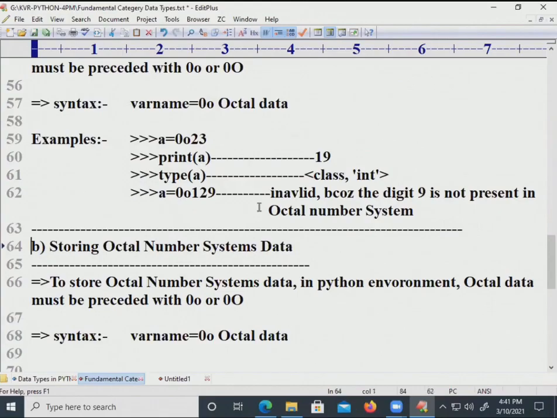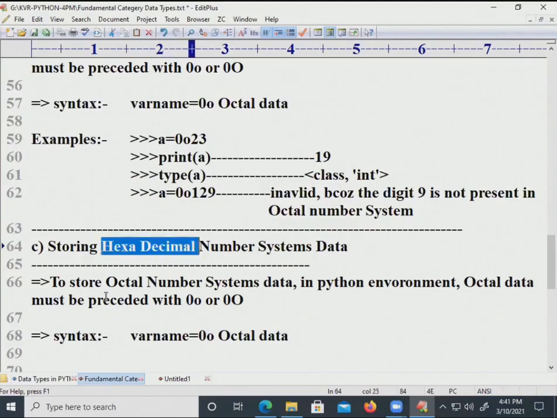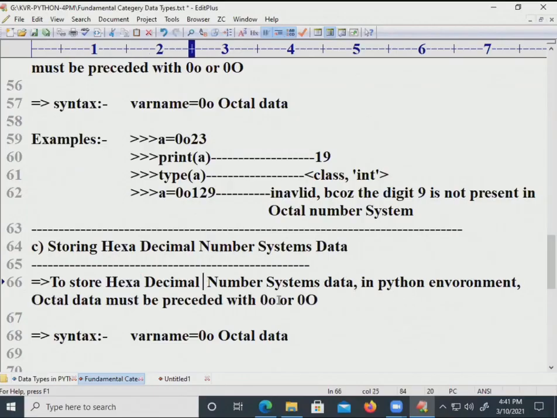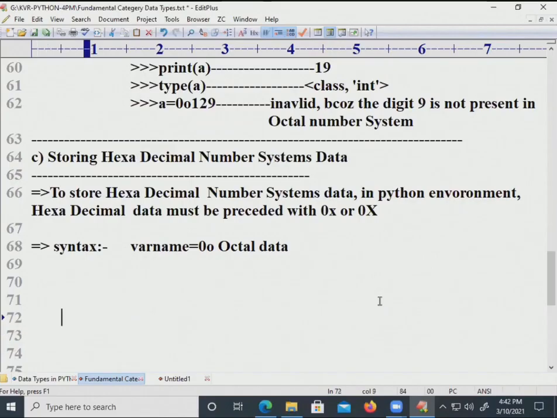Storing hexadecimal data, as we already expected. To store hexadecimal number system data in Python, it must be preceded with what? 0x, or 0 capital X. See the syntax: 0 small x or capital X, then we write the hexadecimal system data.